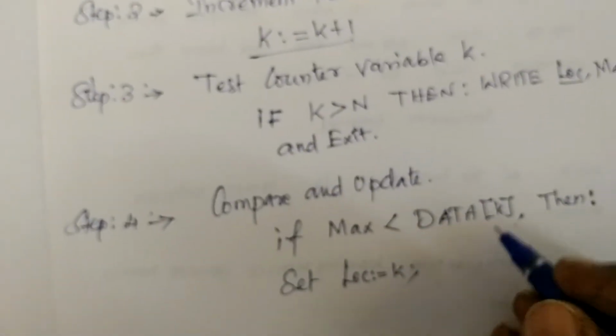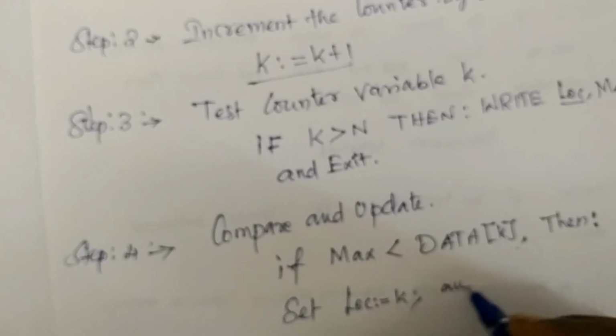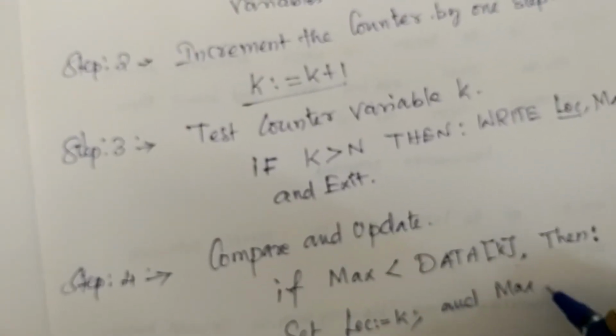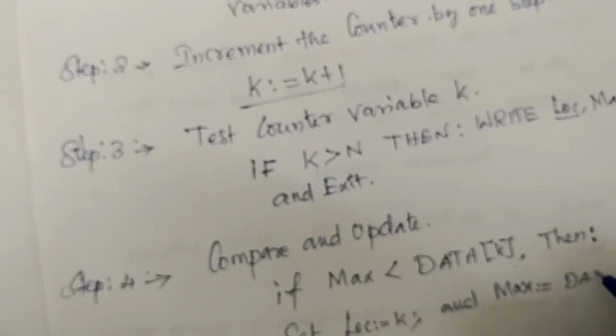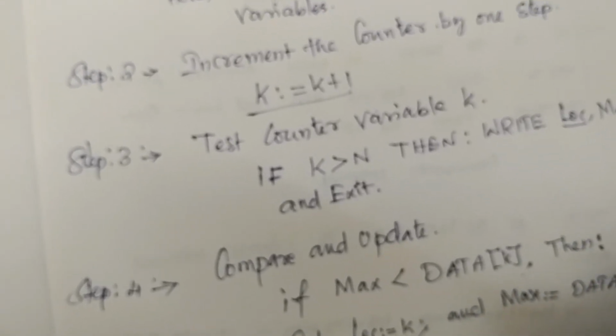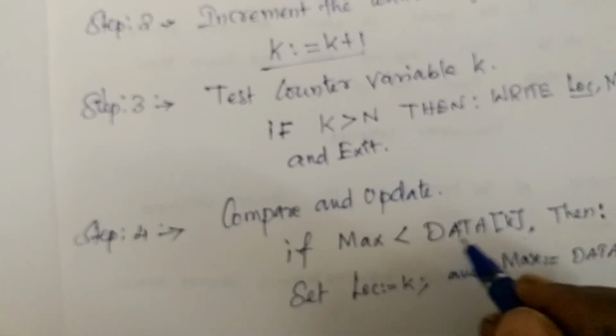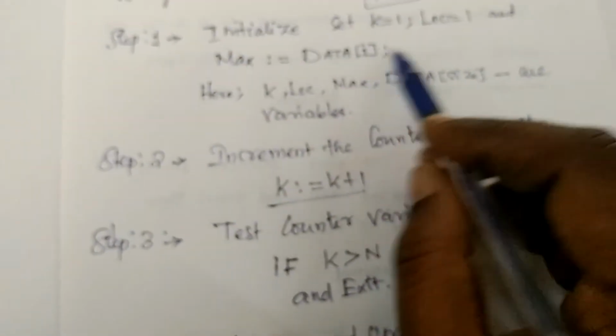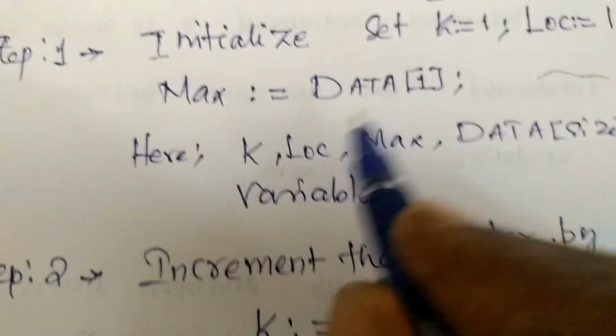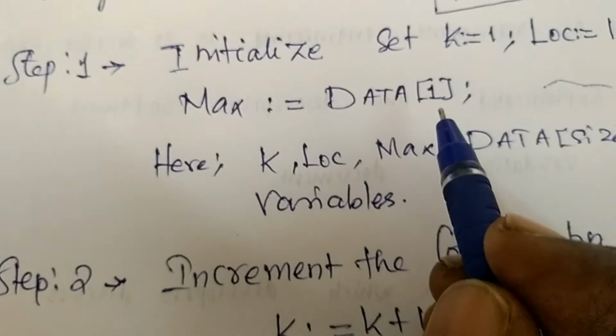location that is equal to K, and max that is equal to data of K, since the data of K is greater than the maximum value. Before that we are initializing the maximum value that is equal to data of 1.